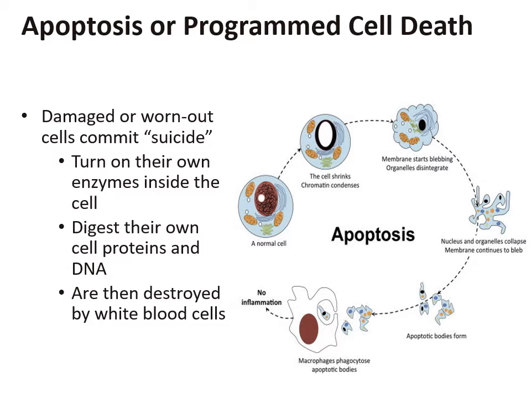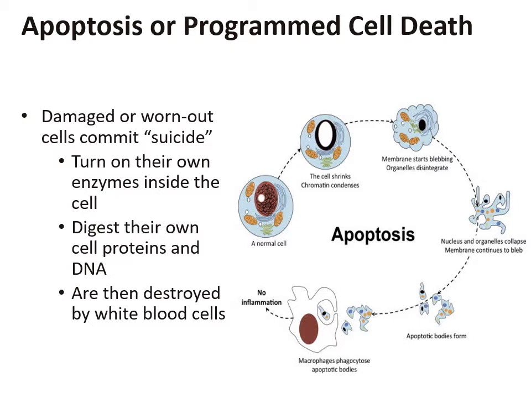And the enzymes are activated within the cell and destroy their own cell, and they auto-digest the cell proteins, the DNA, and by the way, all those things can be reused. Proteins break down to amino acids, DNA breaks down to nucleic acids. The body's going to use it again, right? So even though it's destroyed a cell, it's going to reuse some of the material. Okay?